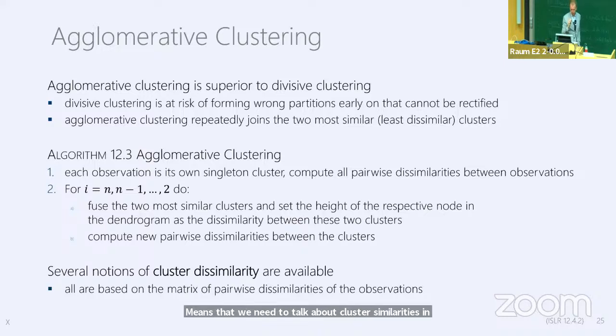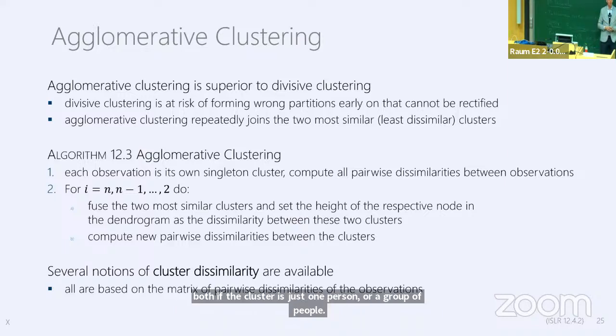I would like to play a little game with you. That sounds a bit bad. Let's think about ways of how we can measure similarities between clusters. It should work both if the cluster is just 1 person or a group of people, or 1 data point versus many data points.